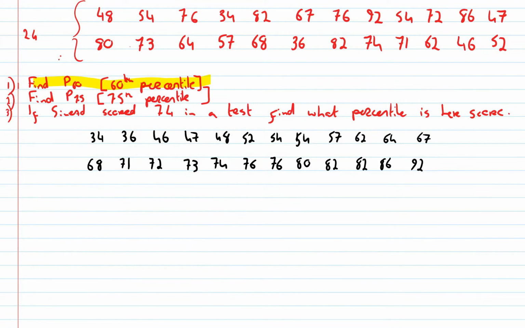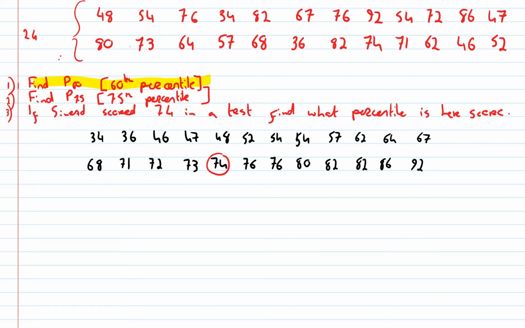Okay, so the last one says if Sinead scored 74 in a test, find what percentile her score is. What that means is if she scored 74, what percentage of people in the test would she have done better than? So she scores 74. So here it is.